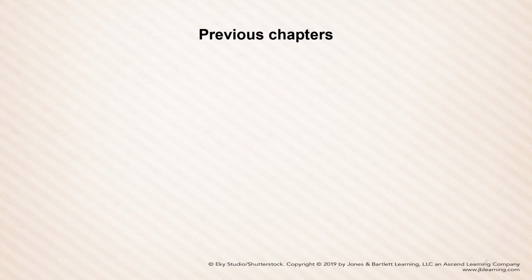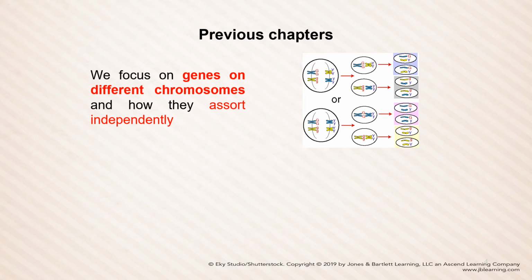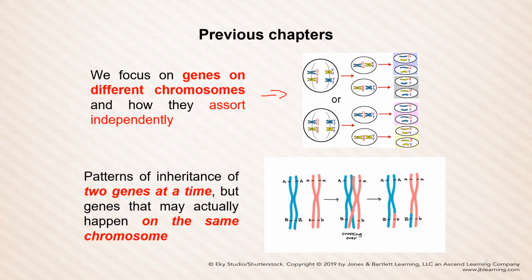So we have studied this in so many courses, and I'm sure that you know that when genes are on different chromosomes, we can understand why independent assortment occurs. Now the question that we want to discuss is what happens when you have two genes that are on the same chromosome. So we're going to talk about crossover, and I wonder what you think happens when you have this mixing of pieces of chromosomes.